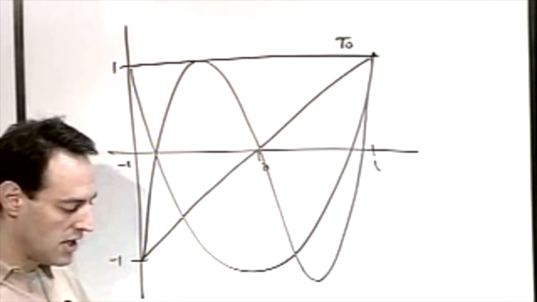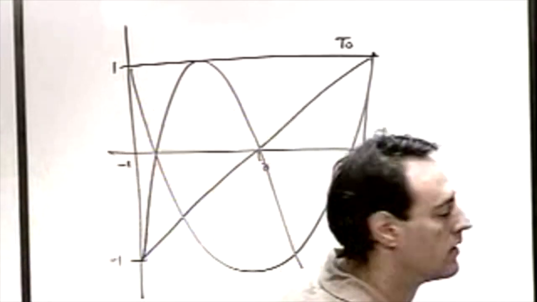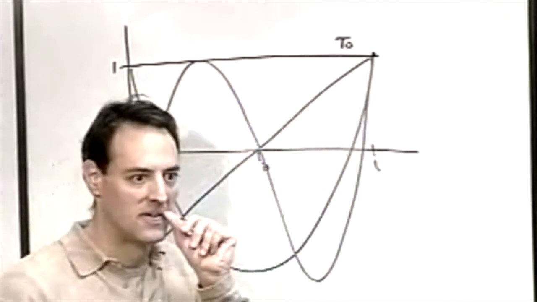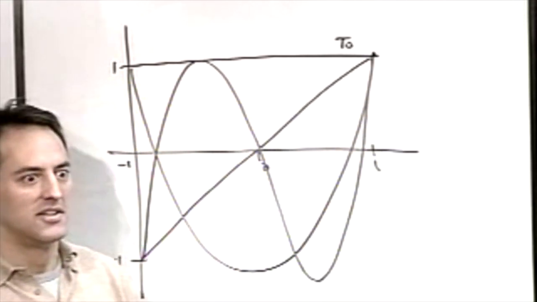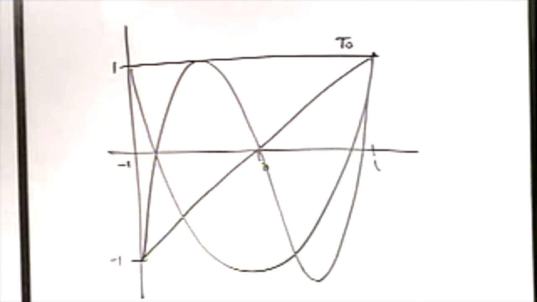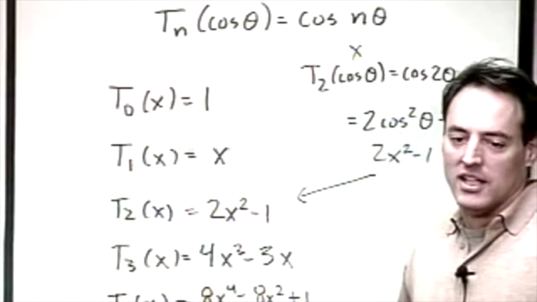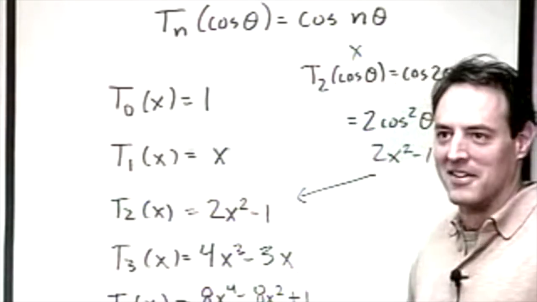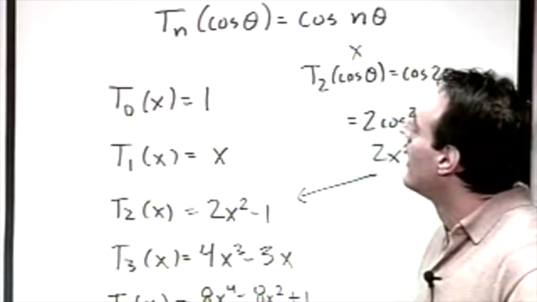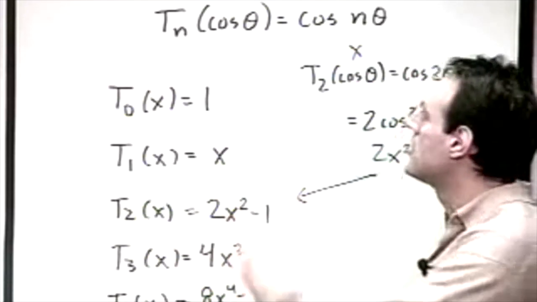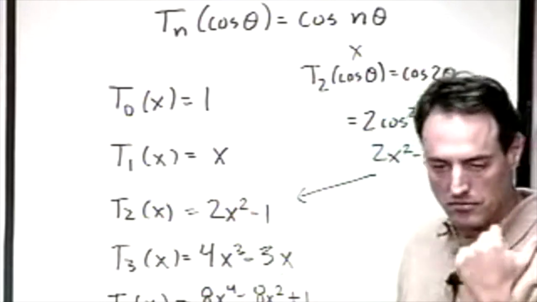Now, here's the big, deep connection. Yeah. Differential equation to T of n of cos theta equals cos n theta. I mean, it sounds nice, but where does it come from? Because is that how it's defined? This is how it's defined. Yeah, so a good question. So this is, in some sense, the definition of the Chebyshev polynomial.